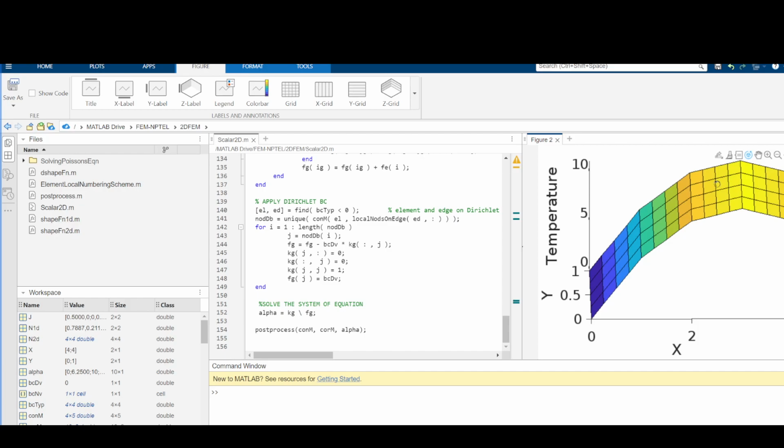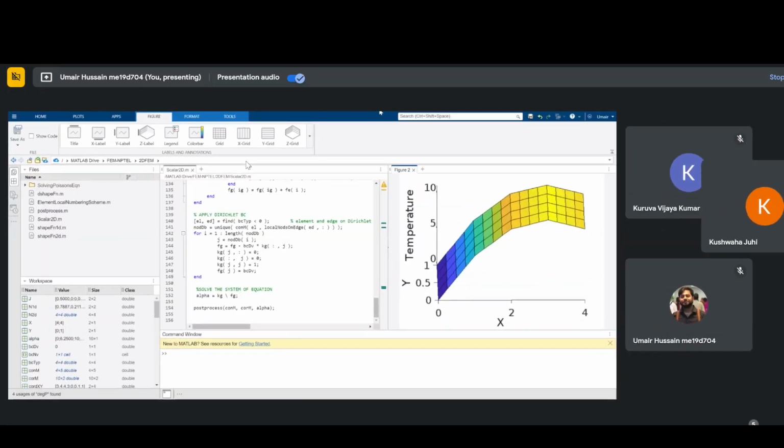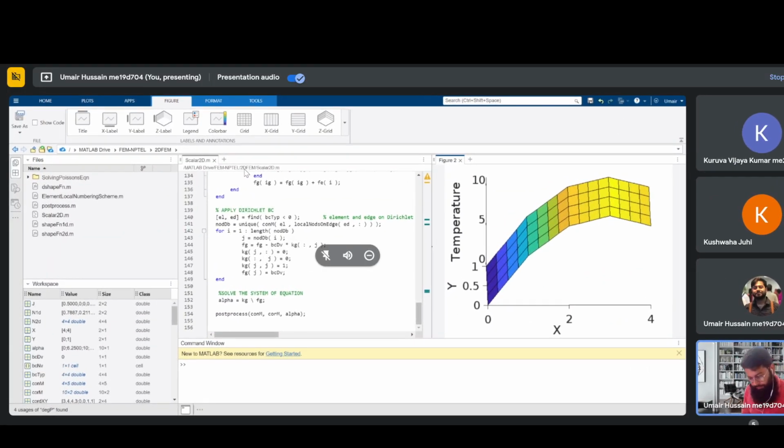Let me just check. I don't have the solution right now, but the solution looks convincing.